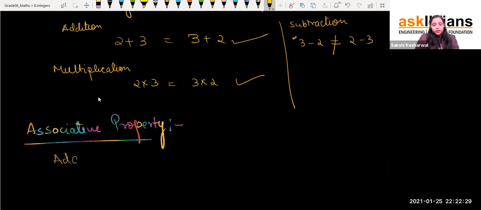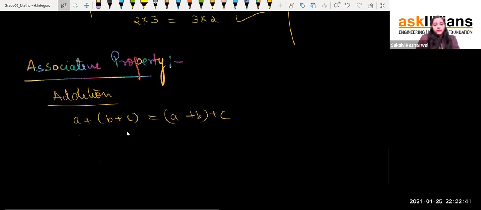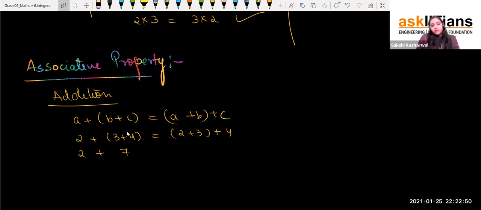You take three numbers like a plus b plus c, you take the bracket, you group a plus b and then add c. Similarly, 2 plus 3 plus 4 is equal to what, beta? 2 plus 3 plus 4, so this is 2 plus 7, and 5 plus 4, which is equal to 9, right?